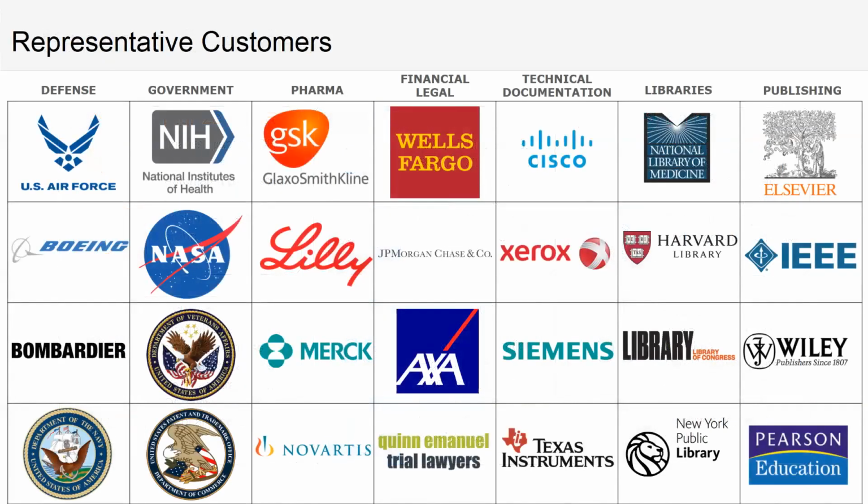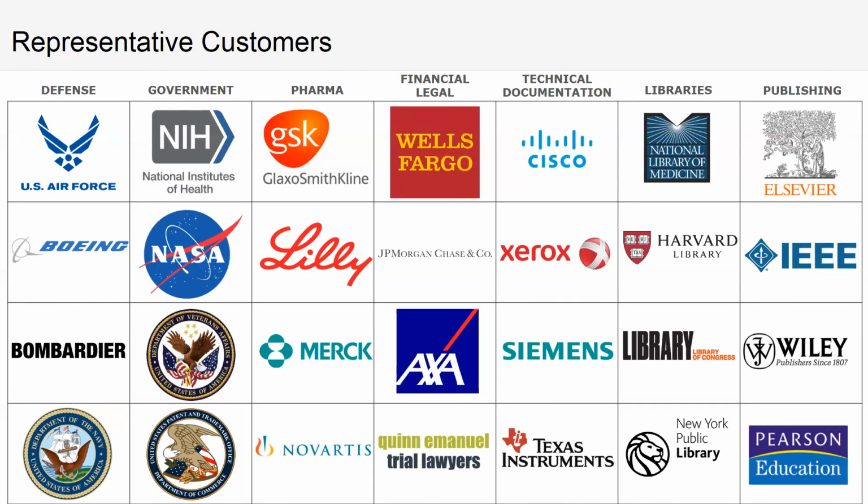Who are the customers? Our customers really cross many industry lines. I think these are the major ones. The reality is that today everybody needs intelligent information in order to operate. Although these industries are very different from each other, at one level the technologies needed are very similar, and one learns from the other.